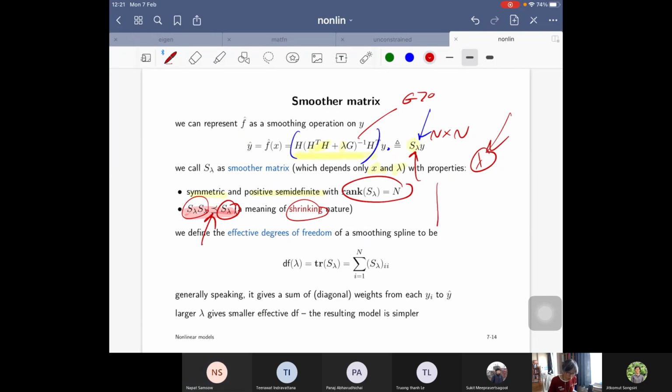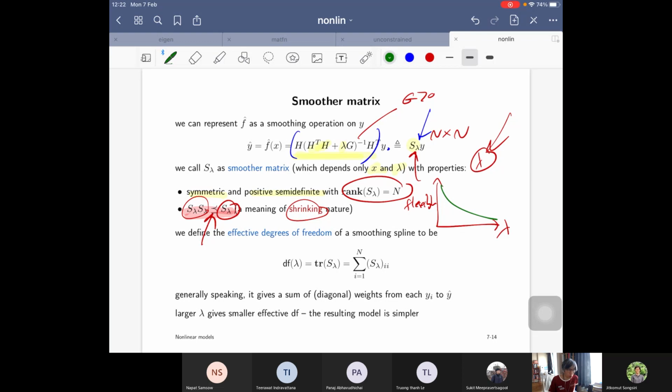So far, so we try to come up with a way to explain this. When lambda is big, we know that model flexibility is decreased. But how do we quantify this degree?